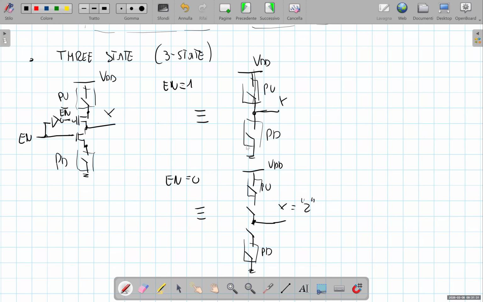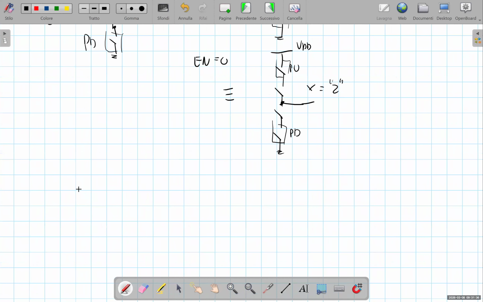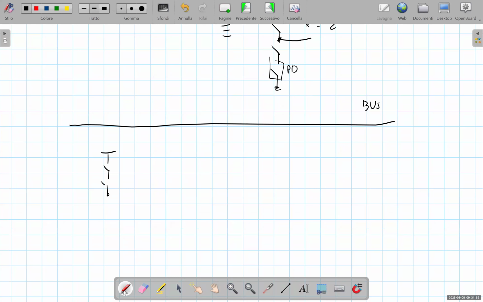Clearly, if we have two three-state gates that are connected to the same bus, the case that we considered before, so suppose that we have a bus and we have these two three-state gates, suppose that this is a three-state inverter.